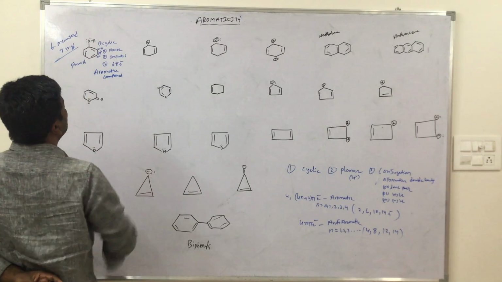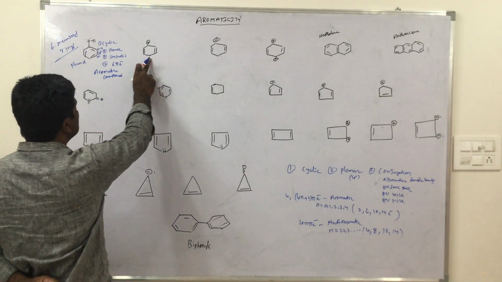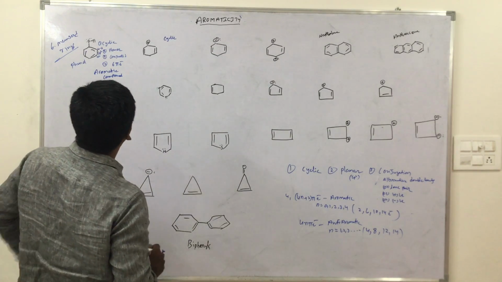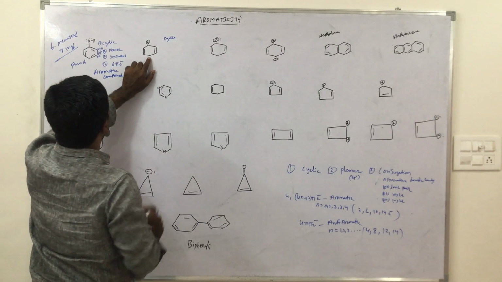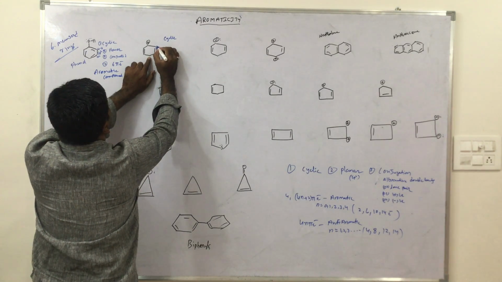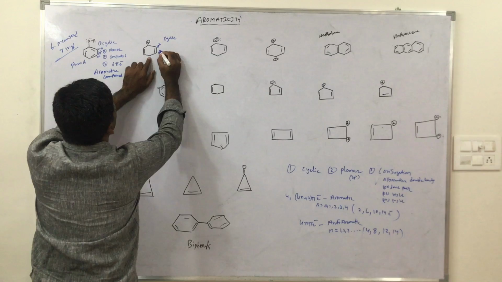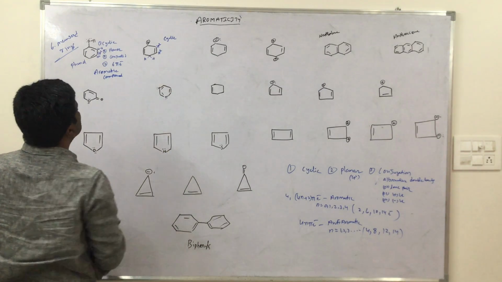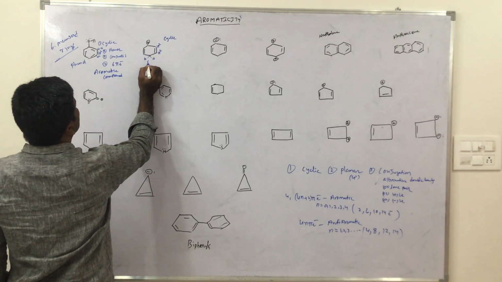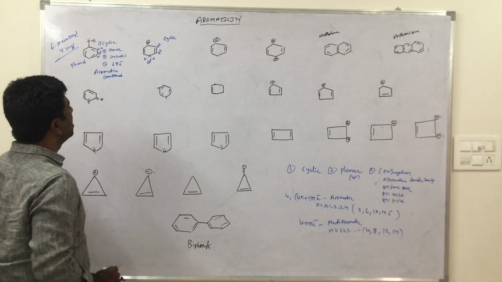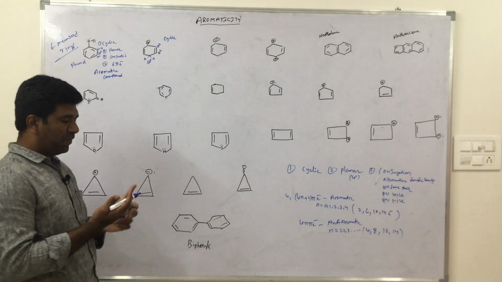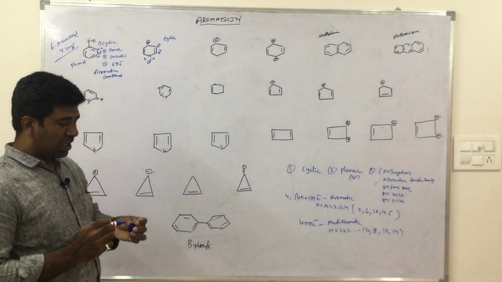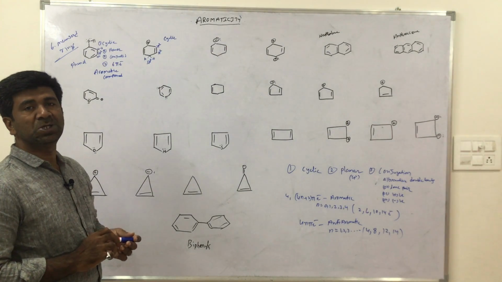Clear? Now the second one, this is the structure. This is cyclic. Here sp2, here 1 hydrogen present, here also 1 hydrogen present. This is sp3. If the compound has a conjugated system, the carbon must be sp2 hybridized only.